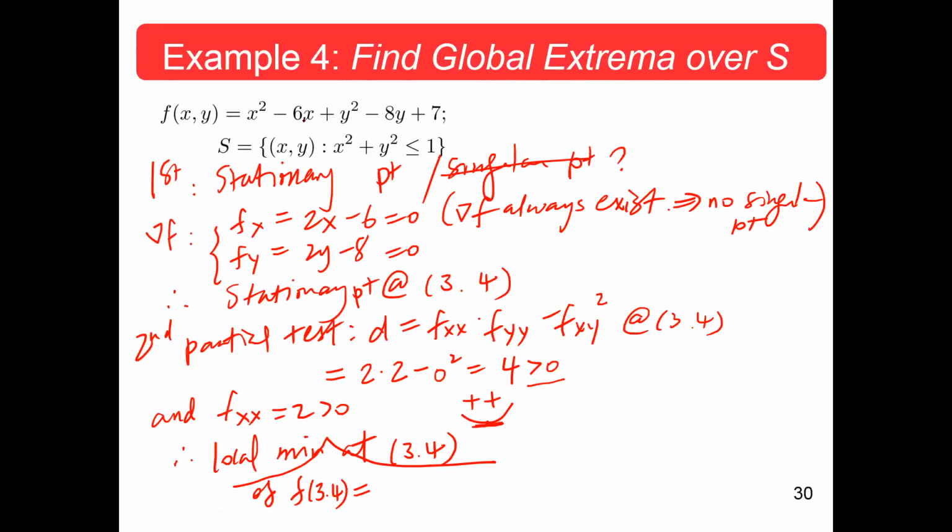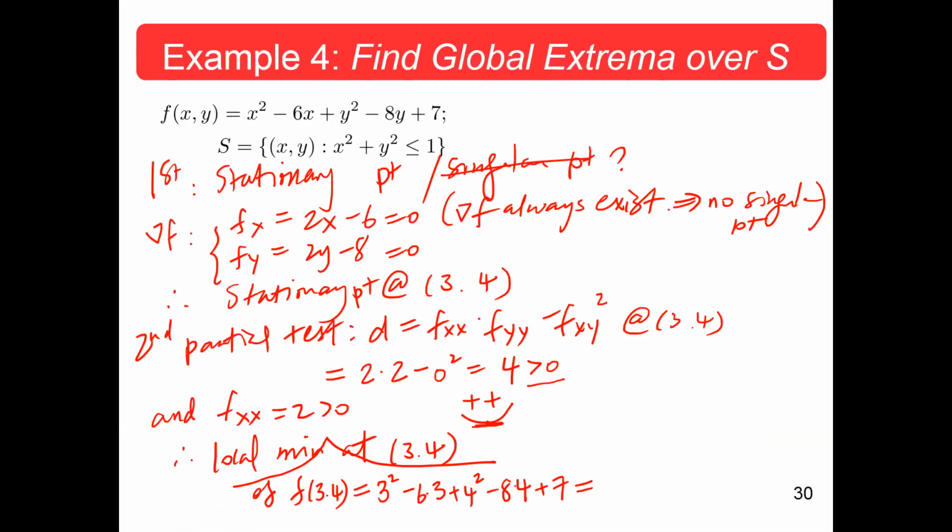Let's plug 3 and 4 into the function for the function value. That's going to be 3 squared minus 6 times 3 plus 4 squared minus 8 times 4 plus 7. Quick computation: 9 minus 18 plus 16 minus 32 plus 7. So that's minus 25 plus 7.